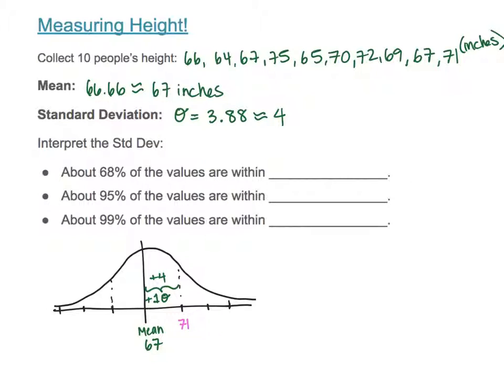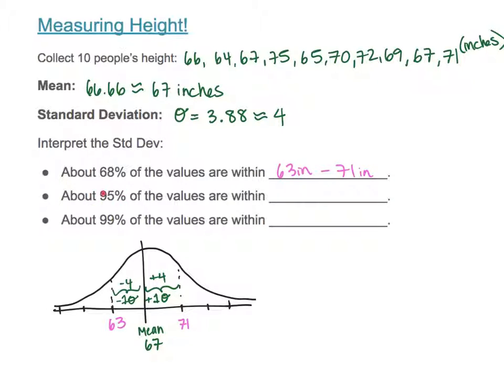Now, if I were to go the other direction, I would have to subtract by 1 deviation. So that means that 67 minus 4, 63. So that tells me that 68% of the values are within 63 inches to 71 inches. So in that data, at least 68% of the data will be within this range.